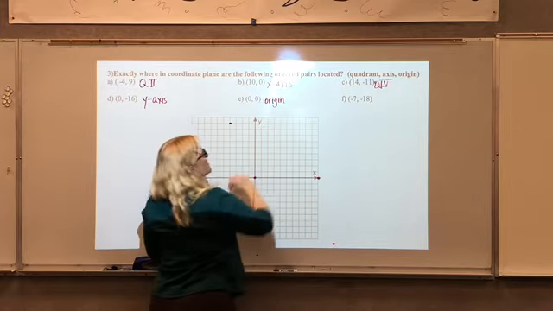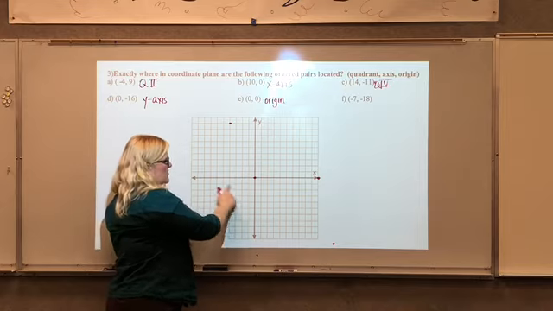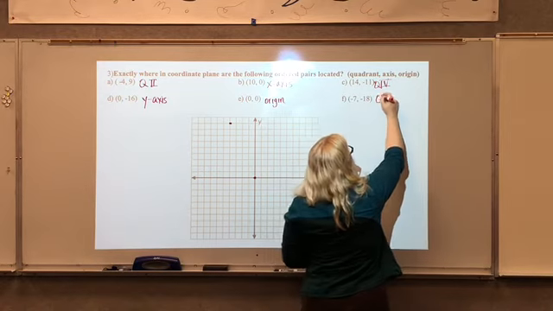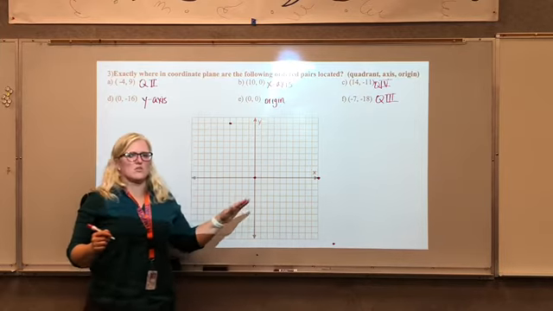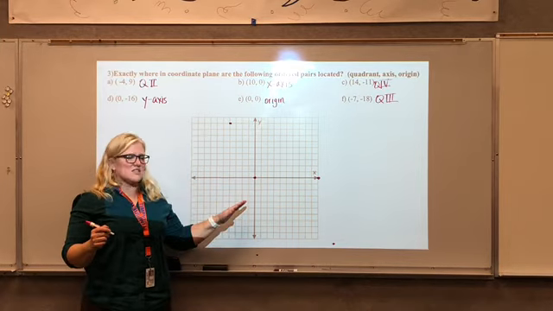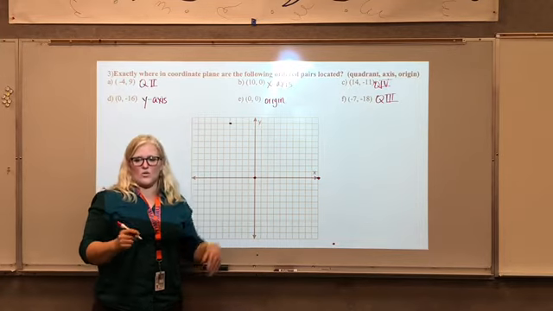It is the very center of both. And then -7, -18, that's going to be in quadrant 3. So you don't necessarily have to graph these. Just know which quadrant, which axis, maybe it's the origin, but just know where those all are.